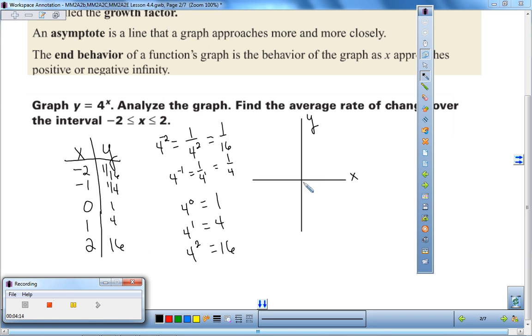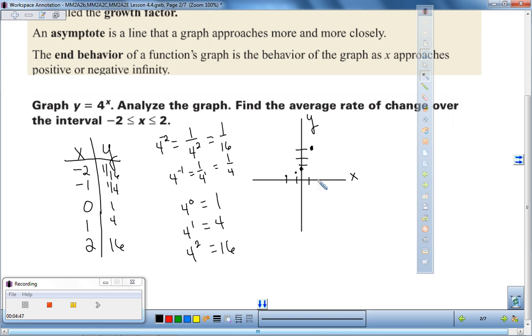All right, so we're going to graph on our coordinate plane. When we're at -2, we're at 1/16. Then when we're at -1, we go up just a little bit, and we're at 1/4. Then at 0, we jump up to 1. Then when we're at 1, we go up to 4, so it would be somewhere up in here.